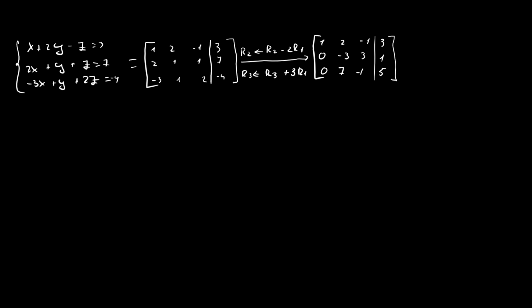Okay, awesome. So the next step would be getting 1 as a pivot number in row 2. For that, we just have to divide row 2 by -3.